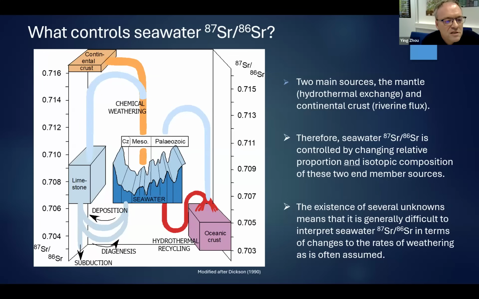People have often interpreted the strontium isotopic evolution of seawater in terms of things like seafloor spreading rates, so that's the hydrothermal exchange, or in terms of continental crust weathering rates. Also on this diagram is a buffering factor from limestone, because calcium carbonate is continually being formed and redissolved, and so that will to some extent buffer the strontium isotopic composition of seawater.